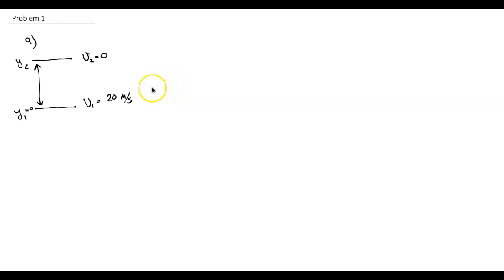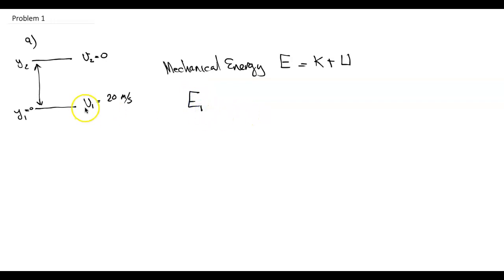And because once the ball leaves the hand, mechanical energy is conserved, since we don't take into account air resistance, then we can say that mechanical energy E is equal to the kinetic energy plus the potential energy, and E at point 1, which is when it leaves the hand, has to equal E2, which is at the highest point.